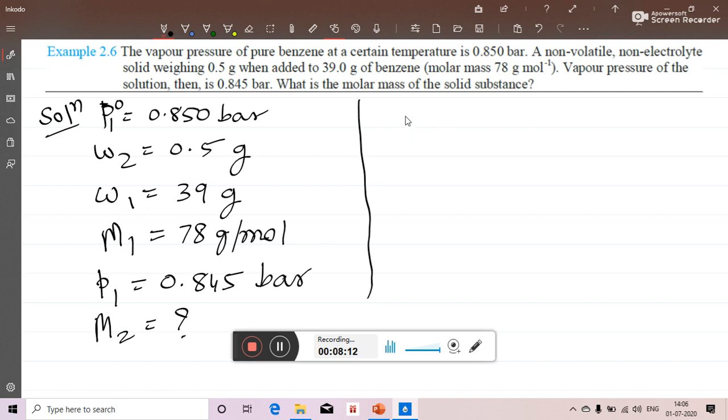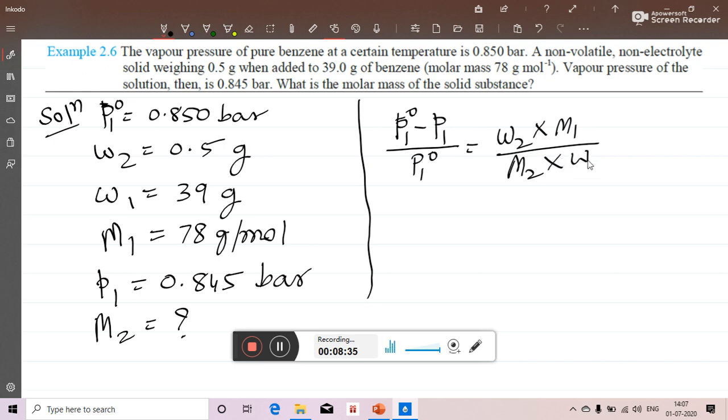So the equation based on Raoult's law of lowering of vapor pressure is (P1 naught minus P1) upon P1 naught equal to W2 upon M2 into M1 upon W1.